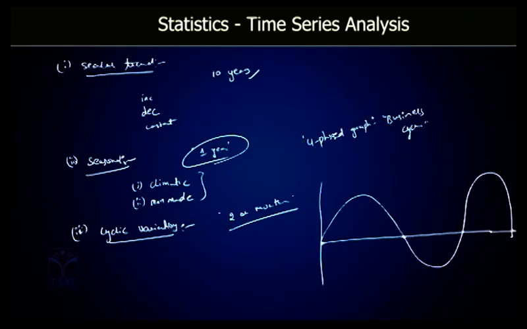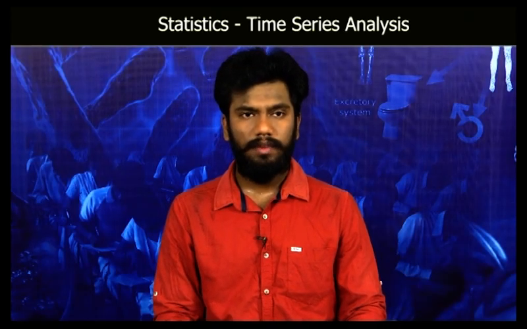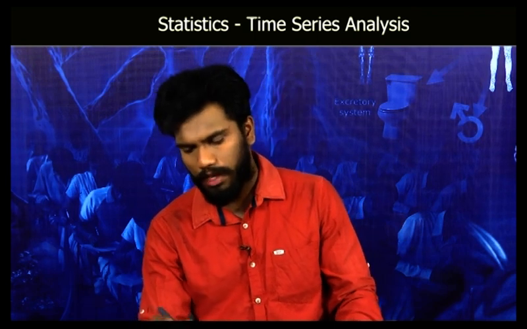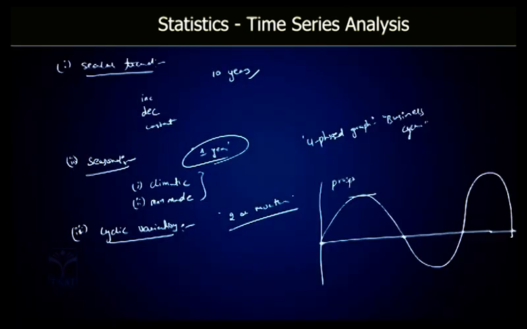The cycle will repeat. Now see here, what are the 4 phases in this cyclic variation. The first phase is prosperity, that means we are at the highest stage of the sales or whatever it is. Now there is depression, that is we are at the lowest stage of the sales.